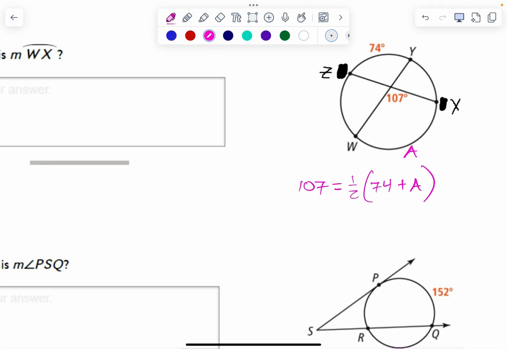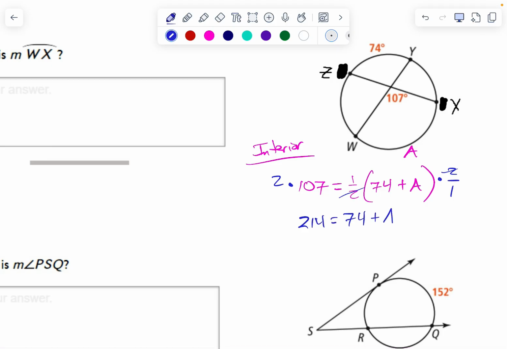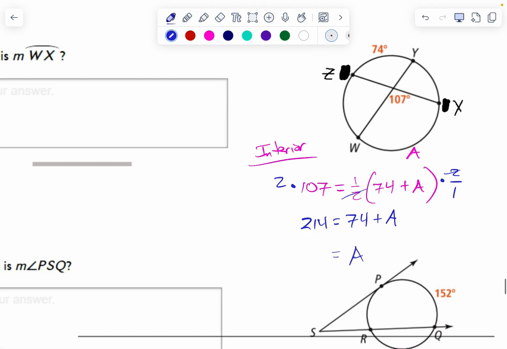Anyway, how would you get that A out of parentheses? Yeah, if we want to get rid of that 1/2, we'll multiply by 2, right? And do it on the other side. And now it's just subtraction. I think that's 140.